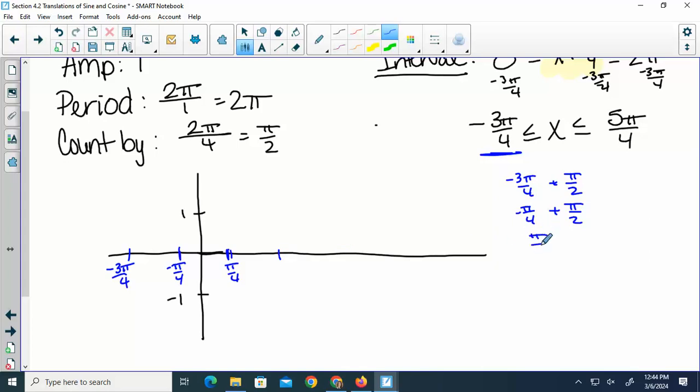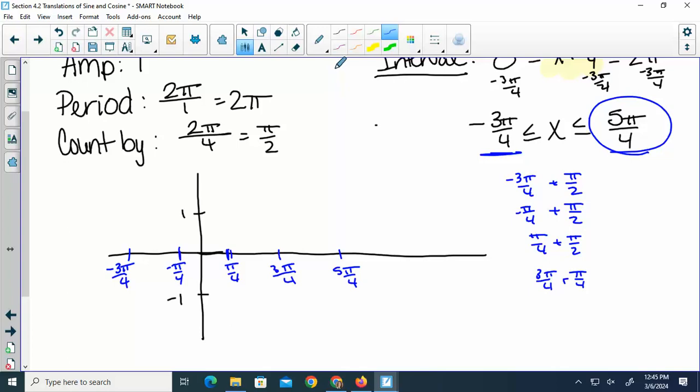So now we're at pi over 4, so we add our count by, plus 2 pi over 4 would be 3 pi over 4. 3 pi over 4 plus pi over 4 is 5 pi over 4. Have we seen that number before? That's the period. Yeah, that was where we said our interval should stop. So the distance between those is 2 pi, but we had to shift all of our points to the left because we were adding something to our x.